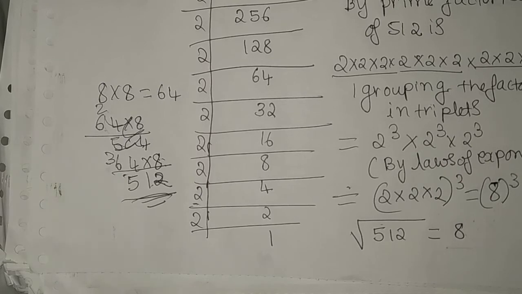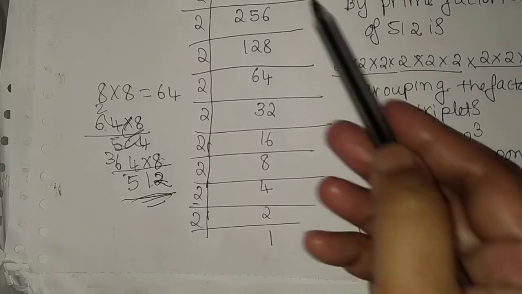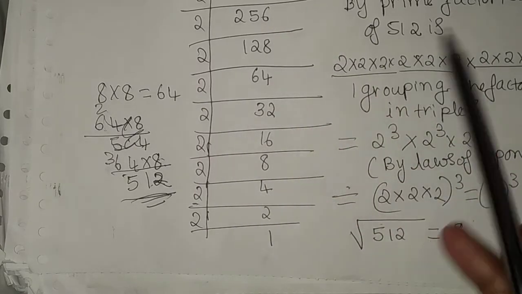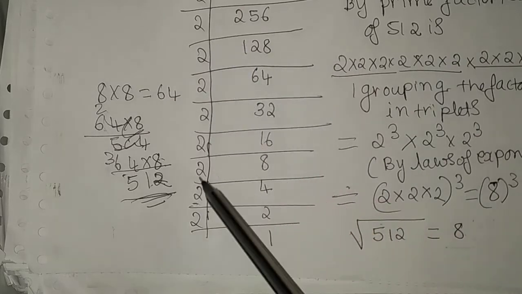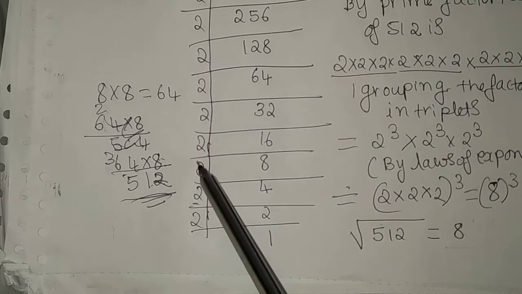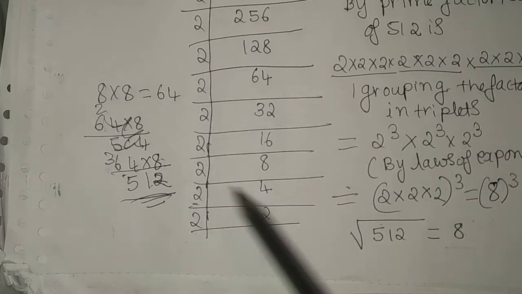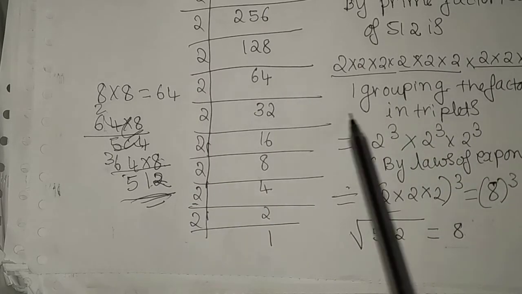So to find the cube root of a given number, just take the number and prime factorize it step by step. Then count how many 2s are there and group them into triplets. So here we got 3 groups of 2, that is 9 2s.